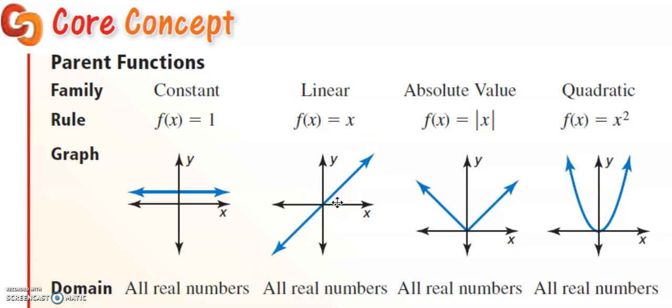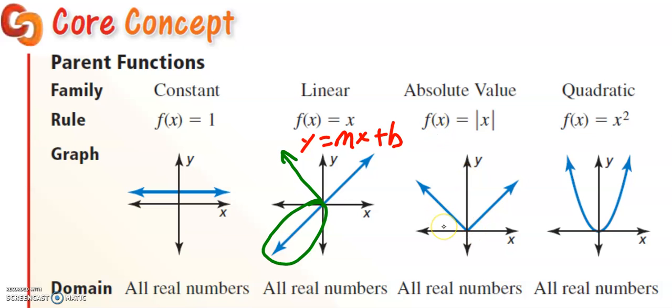I know we're not doing this yet, but our generic form of y equals mx plus b, that's what this equation is, where m is 1 and b is 0. Our absolute value function is actually taking the linear function and this part right here that's negative, and because absolute value is always the distance from 0, so it's never negative, we're taking that and flipping it up and making it positive, so the output is positive.